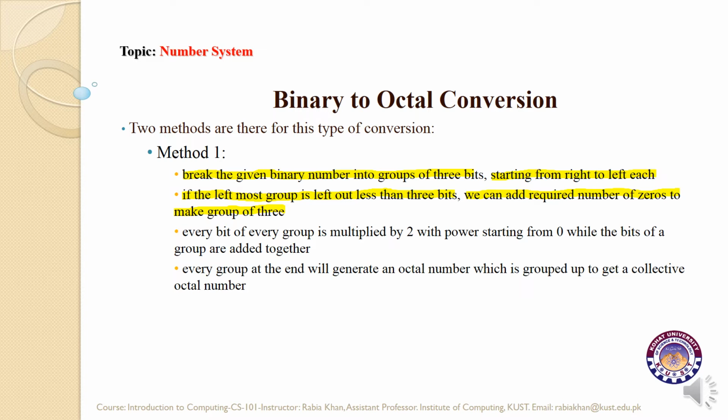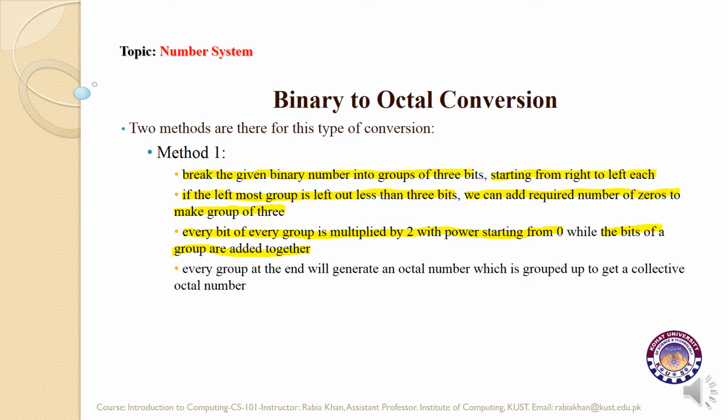And then every bit of every group is multiplied by 2, and the power of 2 starts from 0, while the bits within a group are then added together.